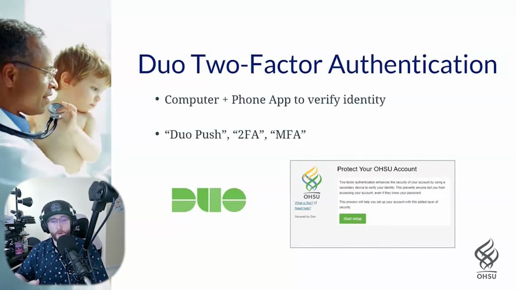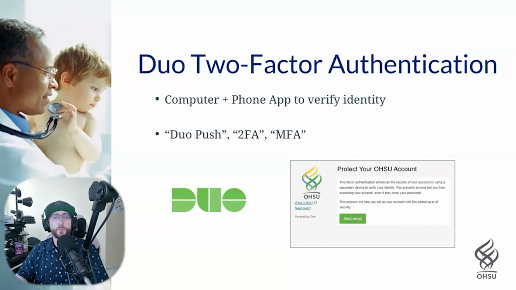The application will be on your personal phone, so you will get a notification on your phone when you try to log into one of those systems, and it will ask if that is you, in fact, doing it, and you will just confirm that on your phone device. This is a pretty common security protocol for securing systems like this.